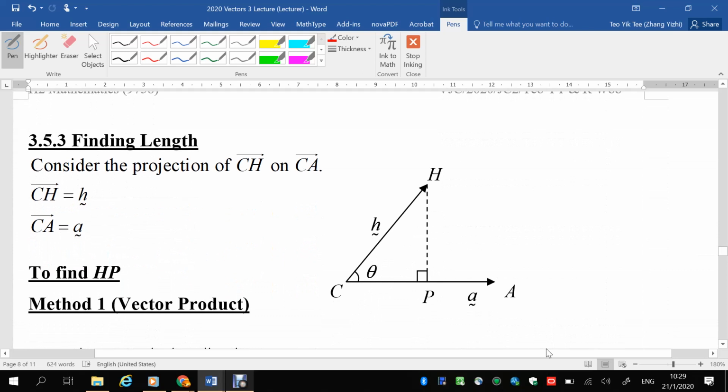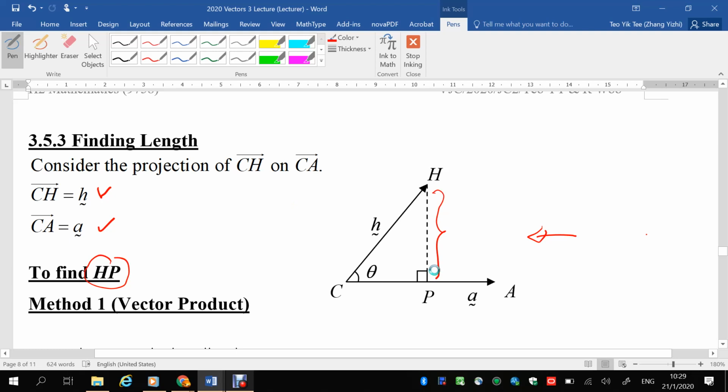Okay? Look at this thing, I run through one time. Okay, if I say that CH is vector H, CA is vector A. Okay? So referencing these two points and this diagram, I want to find the length of HP. Okay, I'm interested in this length. Follow?